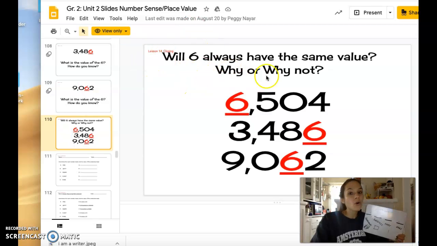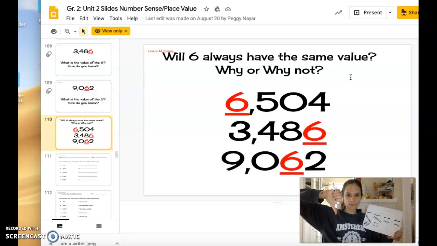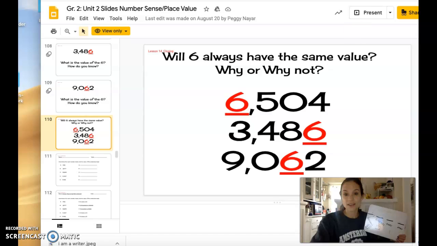Will 6 always have the same value? Why or why not? Does it always mean the same thing? Yes or no? If you're putting your thumb down, I want you to pat yourself on the back. You're right. It doesn't always mean the same thing. The number 6 here is 6,000. The number 6 here is just 6.